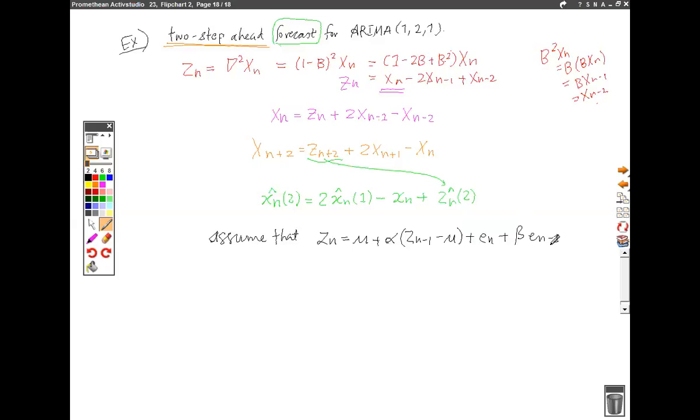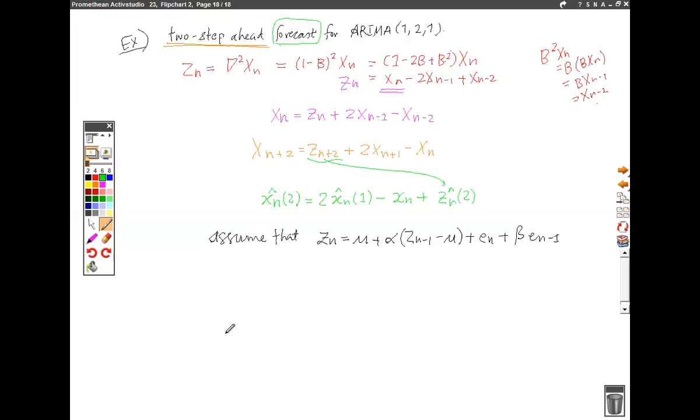So now I have given you some additional information about my Zn, right? So what do you guys think will happen to the Zn plus 2's realization, which I have written here? Would someone like to help me to write that out? So I know that these values will be as it is. So I just have to figure out this, right? So the very first step should be what?